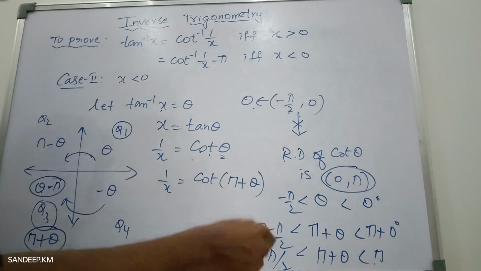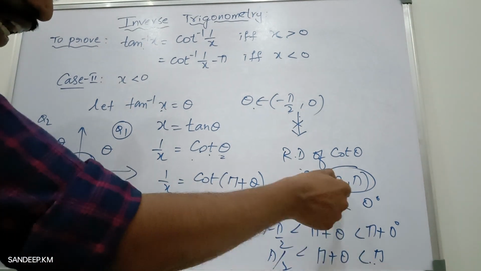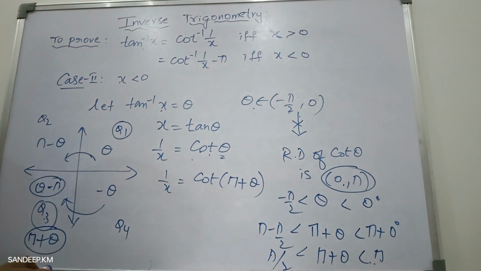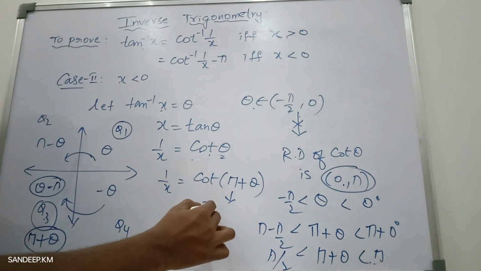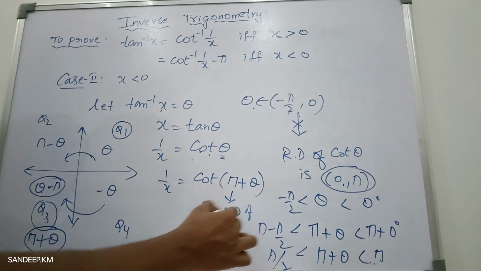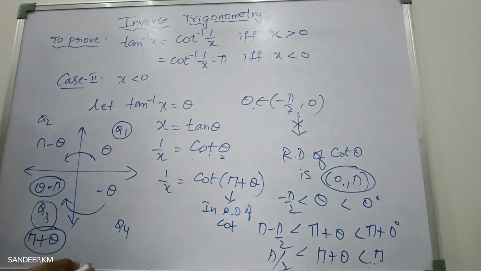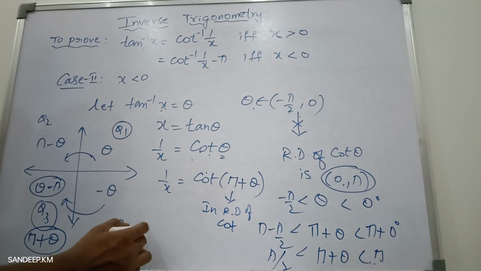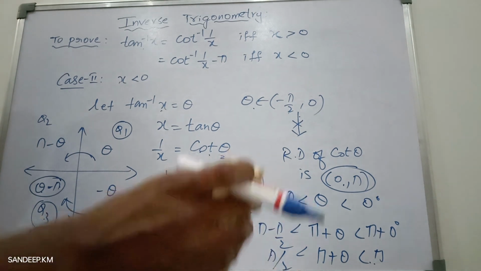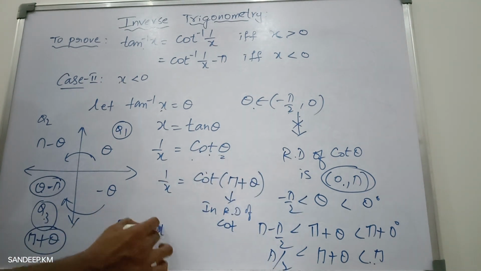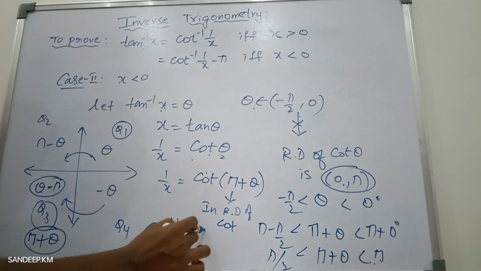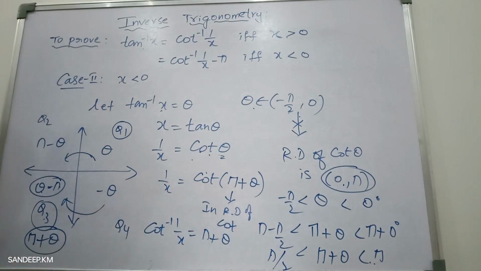This angle between 90 and 180 is in the restricted domain of the cot function. That's why cot will go to the left side now. So cot inverse 1 by x is equal to pi plus theta.